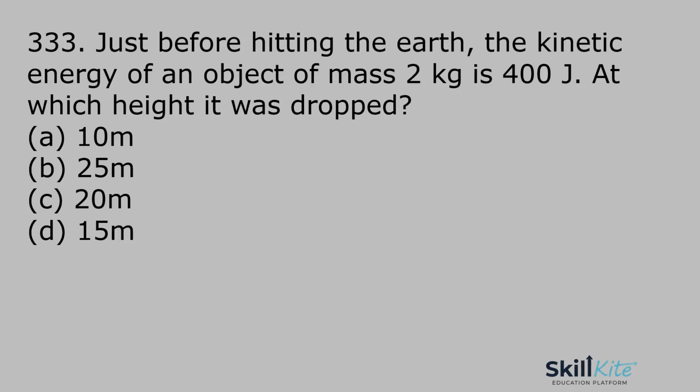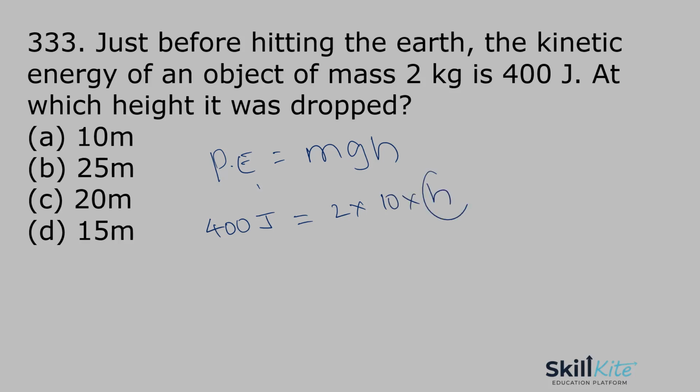Okay, so we consider potential energy equals to mgh. సో ఇక్కడ ఇచ్చాడు పొటెన్షియల్ ఎనర్జీని మనం కైనటిక్ ఎనర్జీగా ఎజ్యూమ్ చేసుకున్నాం కదా. సో 400 joules. Okay, mass here is 2 kg, g is 10. Okay, let it be 10 into h. ఈ హైట్ మనకు కావాలి. 20. Okay, h equals to 20 meters. Option C.